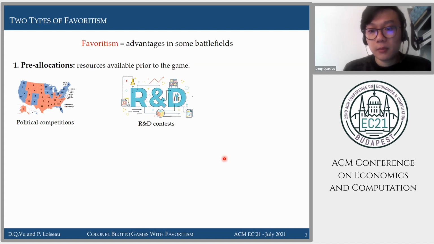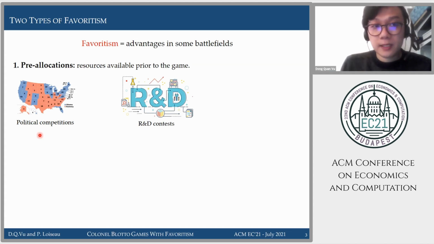For example, in the military logistics application, it's often the case that before the battle, one side or maybe both sides have already deployed their military forces or weapons into some of the battlefields. So that's what we call pre-allocation. In the political competition application, the pre-allocation can be interpreted as the a priori position of the state or the voter.